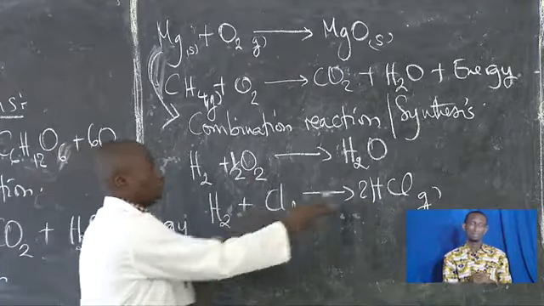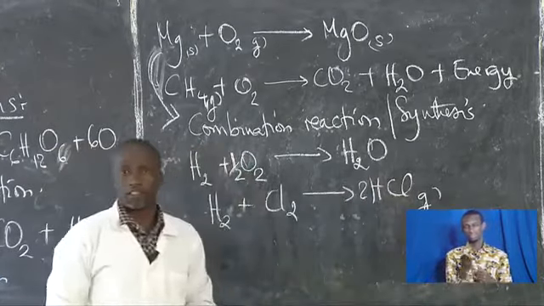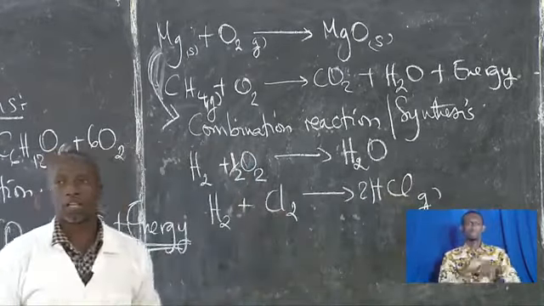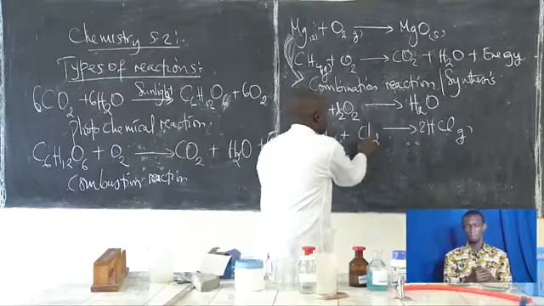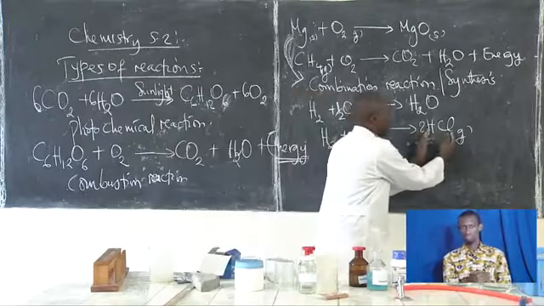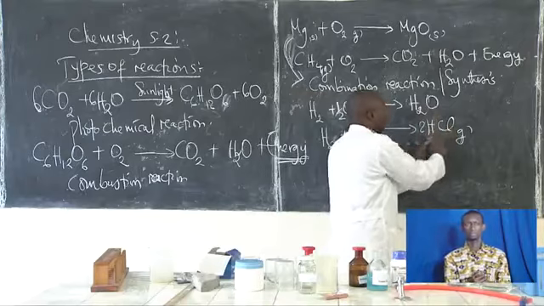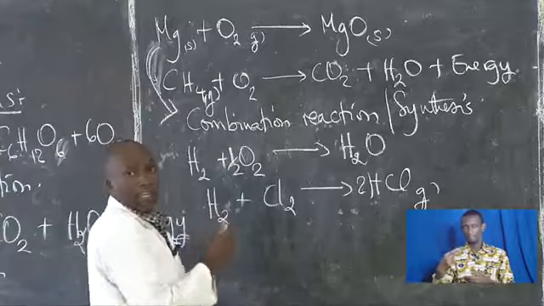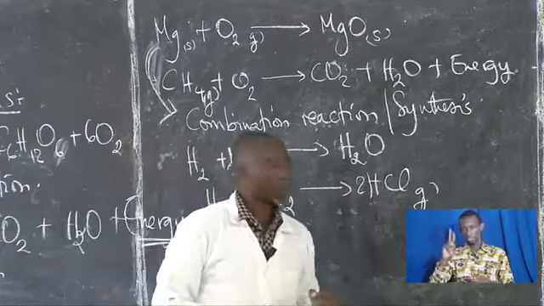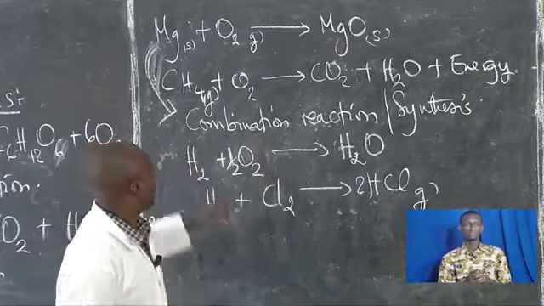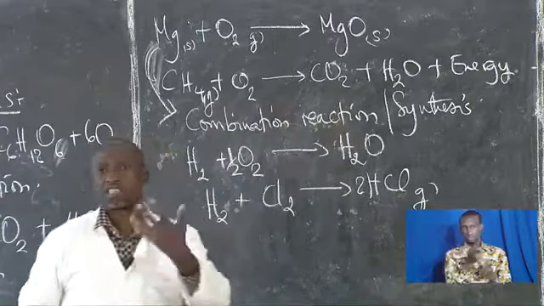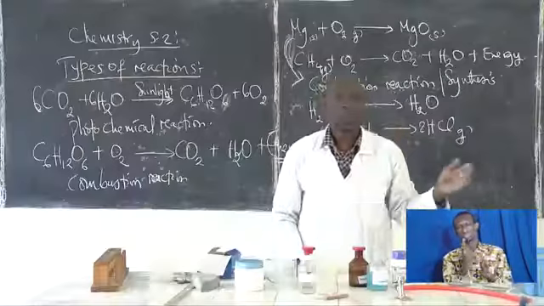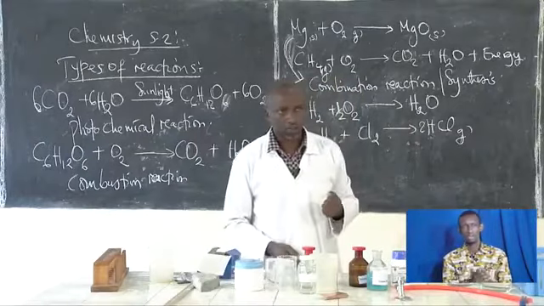This product is made from two elements, hydrogen and chlorine. These are the elements that are combining together to form this product. So it is also one of the examples of a combination or synthesis reaction.